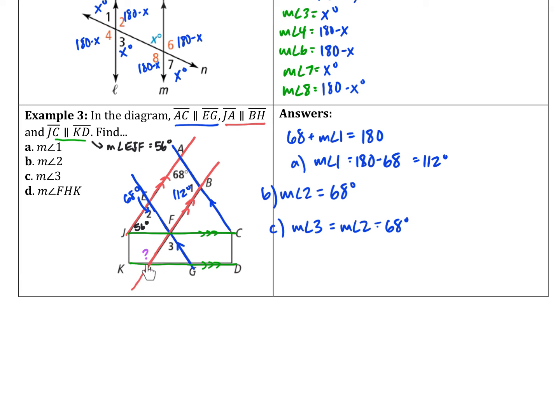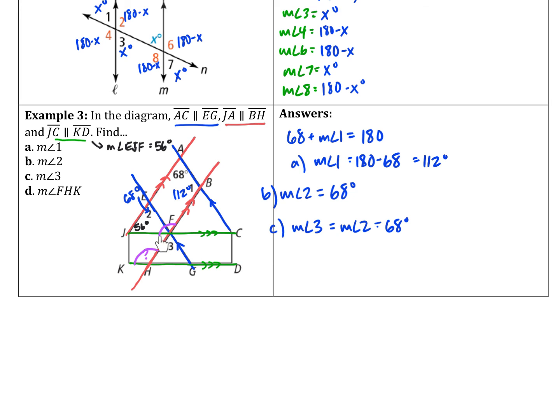In that instance, this angle would be congruent to angle BFJ because they would be corresponding angles. So this angle here and this angle here are going to be congruent. So I could try and find the measure of angle BFJ.